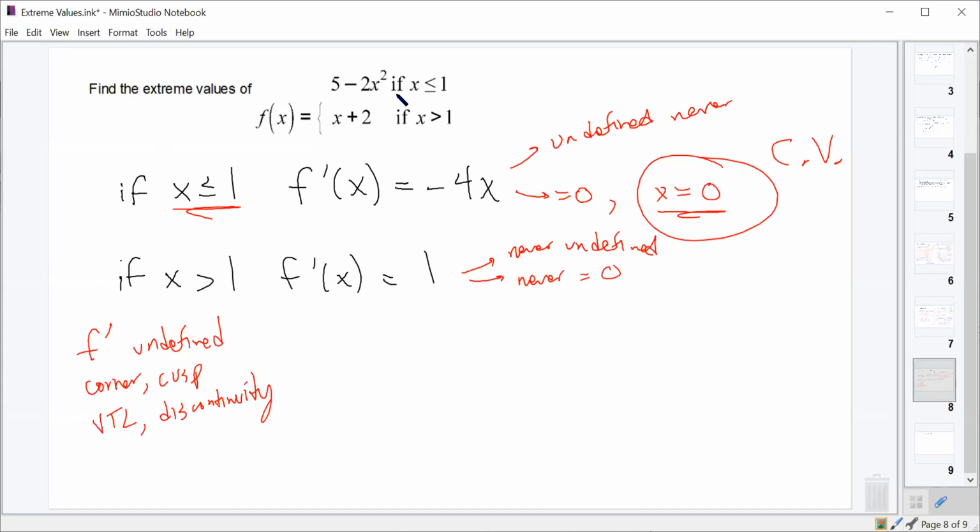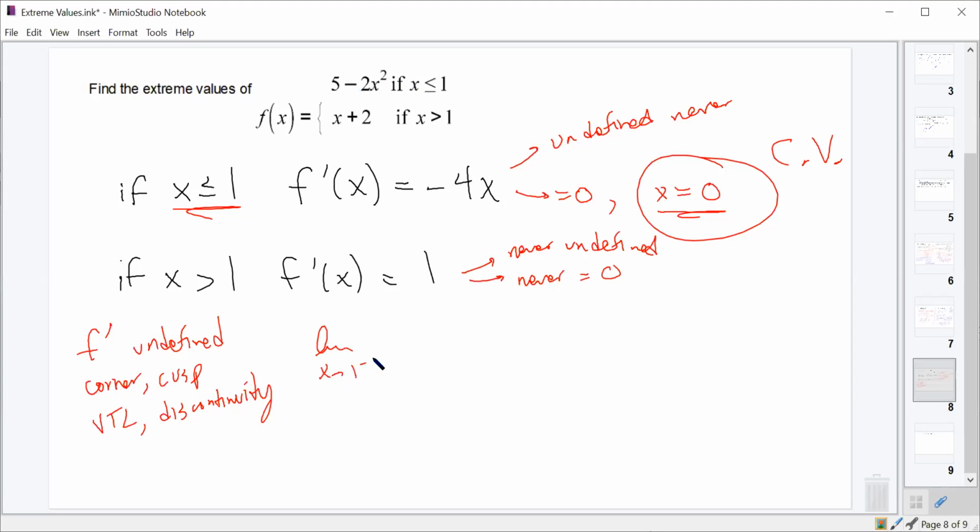Yep. So the question is then, how do we do that? Take the limit as they approach 1. Okay, so that's the start. Let's take a look at what happens from the left and from the right.